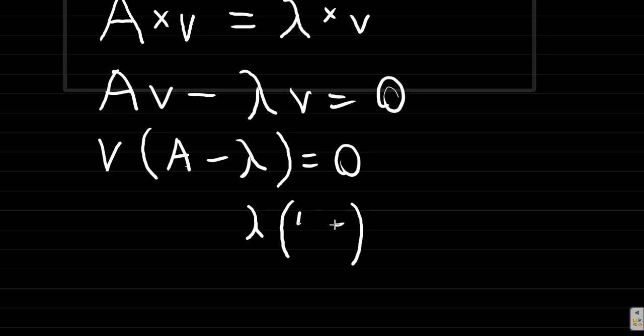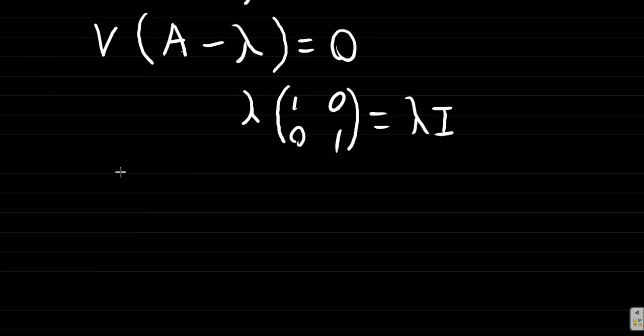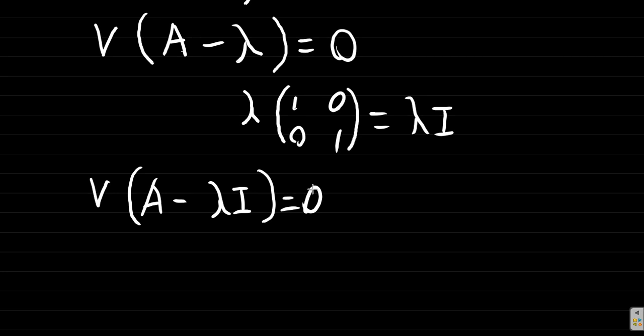So multiply by 1, 0, 0, 1. So what we have is lambda times I, the identity matrix, which is the unit matrix. So we say this is the vector V times the matrix minus lambda I is equal to 0. Alright? So we're going to be using this equation.